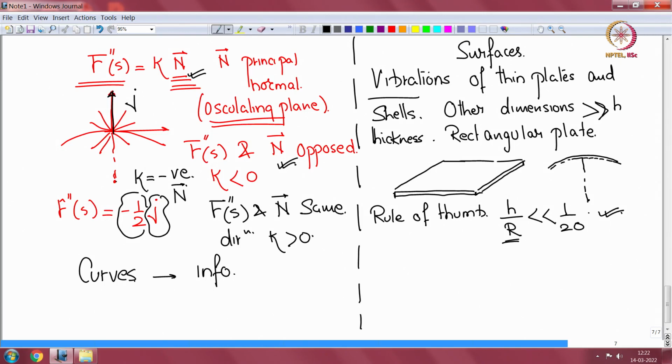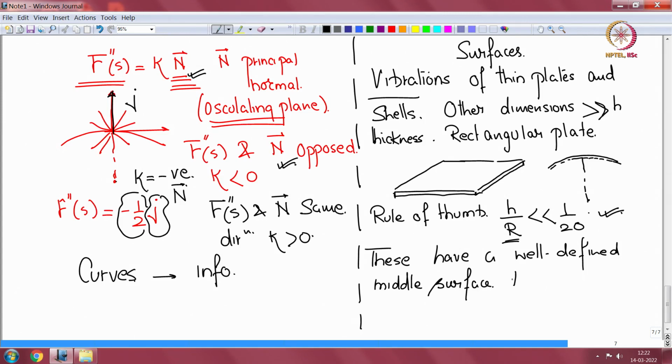And further, the shell or plate has a well defined middle surface, and we will first describe properties related to the middle surface.